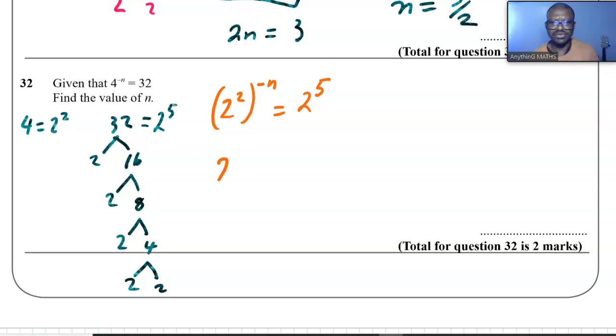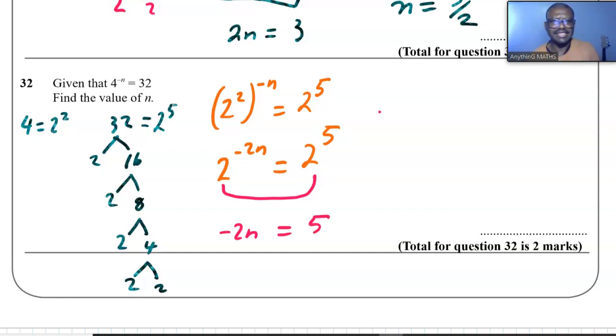And this becomes 2 raised to the power negative 2n, equal to 2 raised to the power 5. We got 2 here, and therefore we can write negative 2n should be equal to 5.